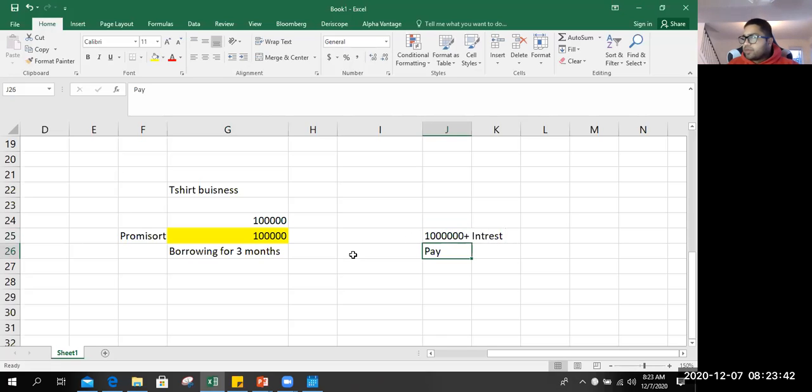So a promissory note is a one-shot borrowing. How is it one shot? You borrow right now, and when the maturity comes, you pay 100,000 plus whatever interest there is. Let's say interest is 3% for 3 months. So you will pay 100,000 plus 3% of 100,000.